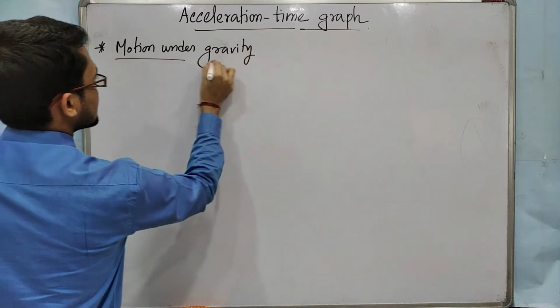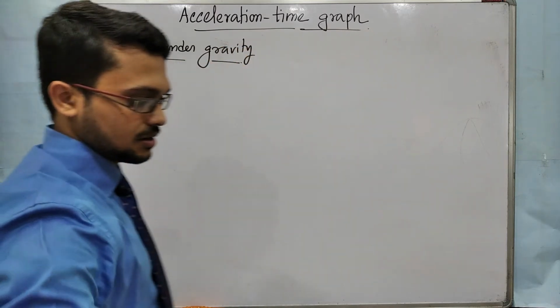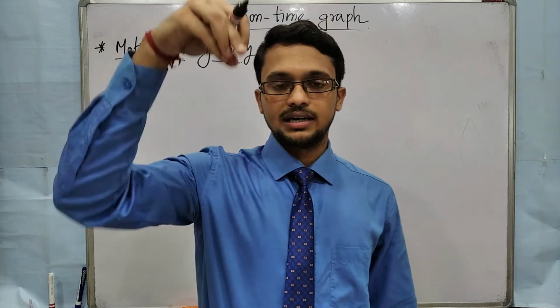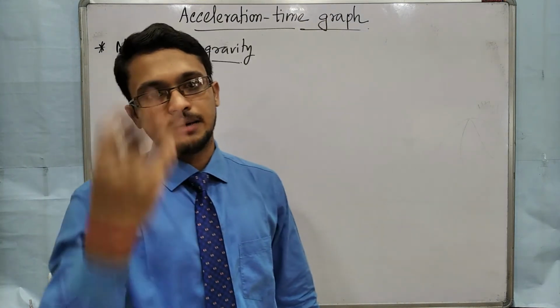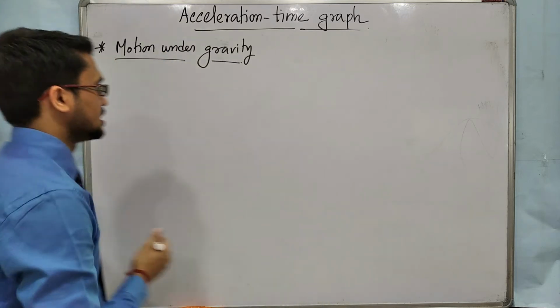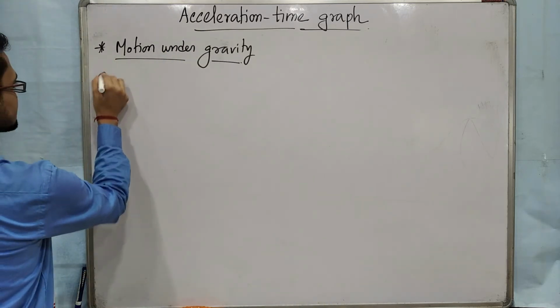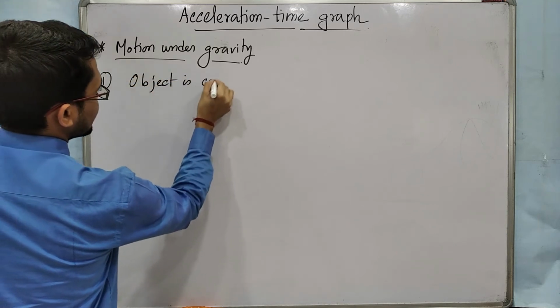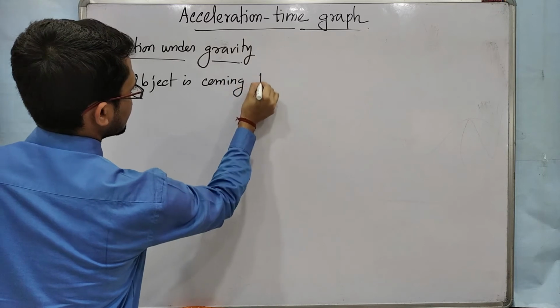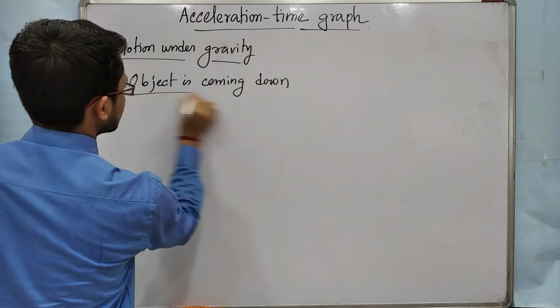There are two kinds of motion. One, the object is falling down towards the earth, and second, the object is going up away from the earth. So first case, the object is coming down.